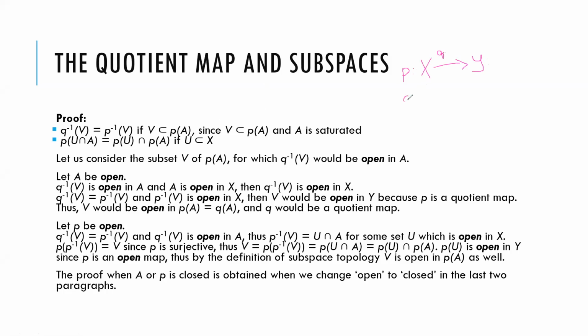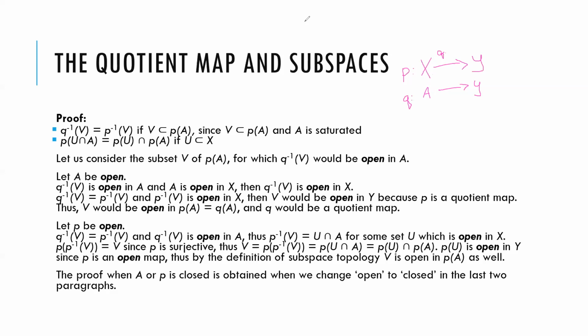And Q is mapping A into Y, where Q is P restricted to A, and A is a subspace of X. So these are our two maps. We have V in P of A, for which Q inverse of V is open in A.